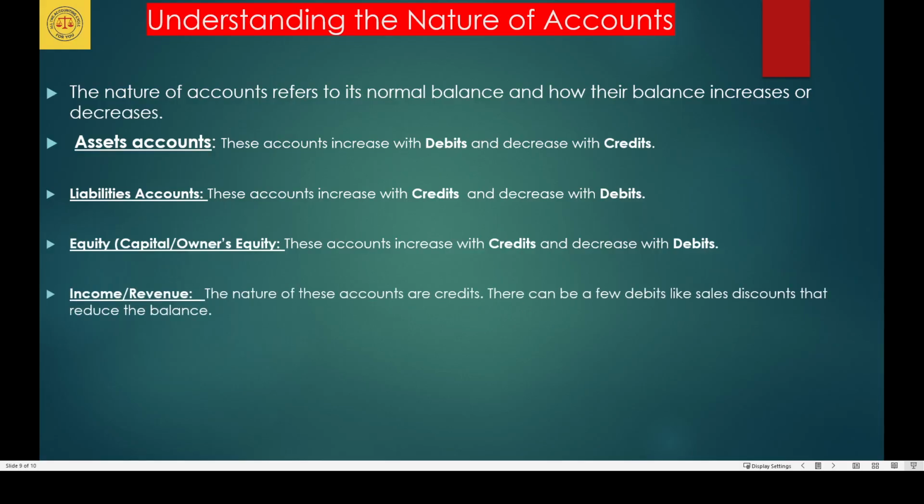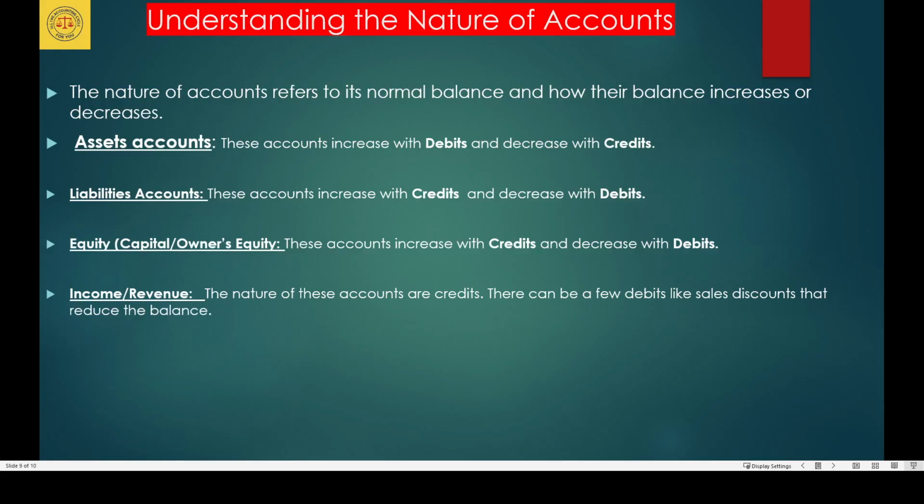Income and revenue. The nature of these accounts is credit. I would say that probably 99% of the transactions are reflected in credits. Let me tell you something about where credit and debit go. Usually there are something called T accounts, which are represented in journal entries, the general ledger, including the balance sheet.